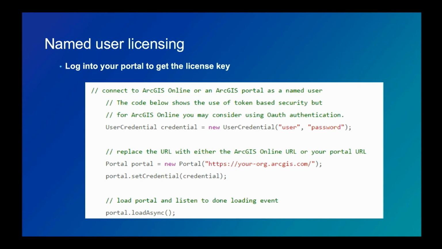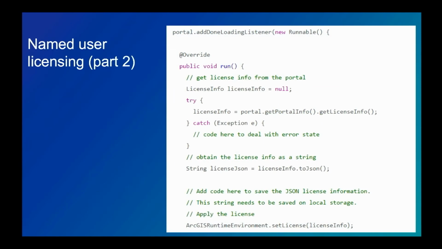So we've got our asynchronous pattern going on here, so we're not blocking the user interface thread while we're waiting for ArcGIS Online to respond. We listen to this done loading listener. If I move down to this line of code with my cursor, I'm creating a license info class, and I'm populating it with the portal, get portal info, get license info class.